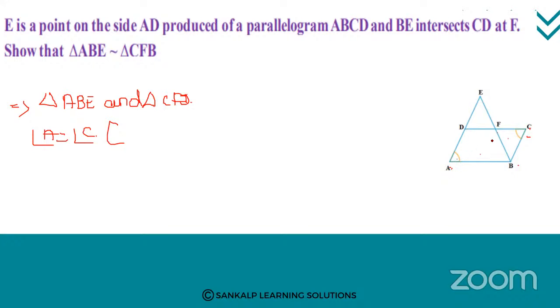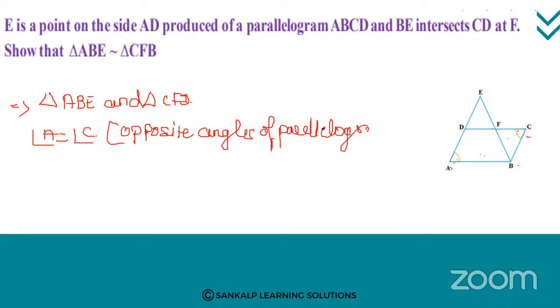In a parallelogram, opposite angles are equal and opposite sides are equal. Opposite angles of a parallelogram. Therefore, these two angles are equal.